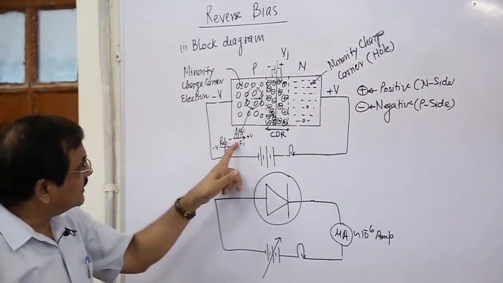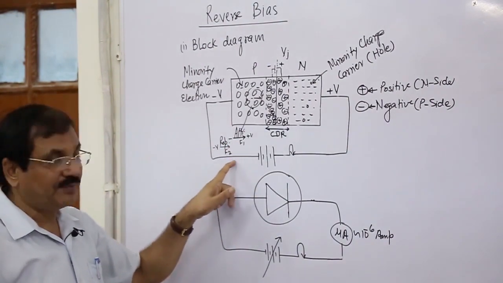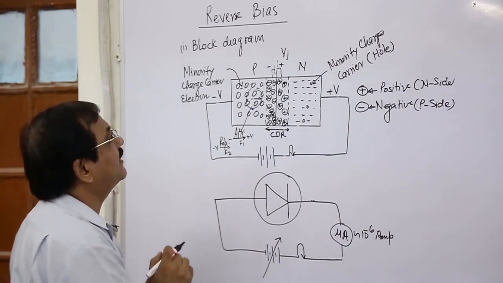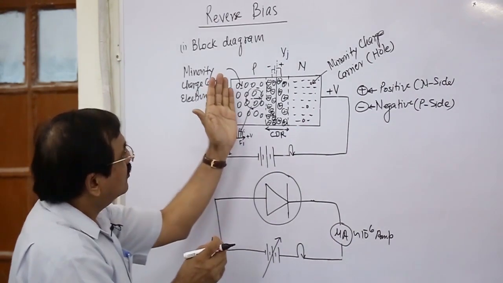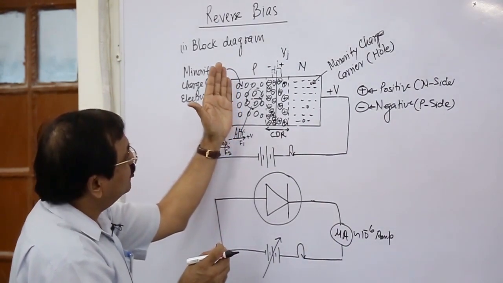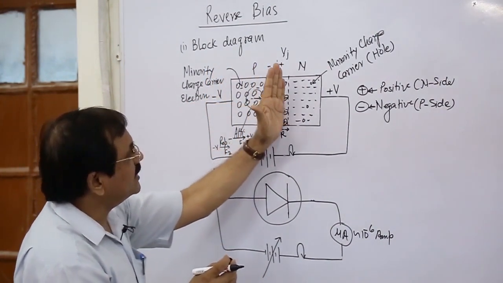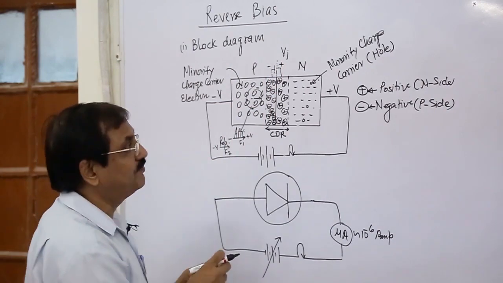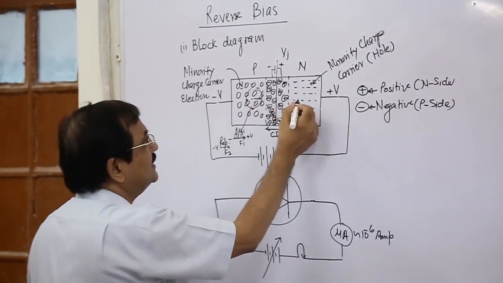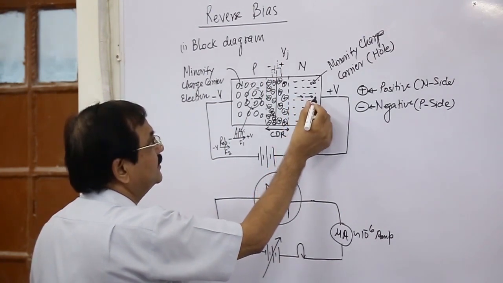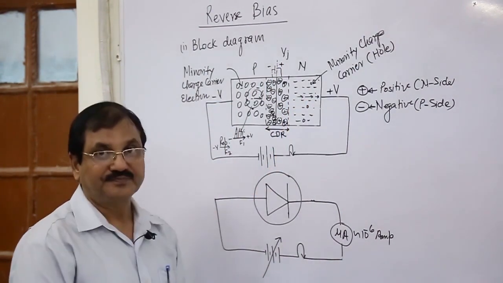These attractive force F1 and repulsive force F2 try to bring the negative charge across the junction, and when it crosses the junction, this negative charge flows towards the positive potential.